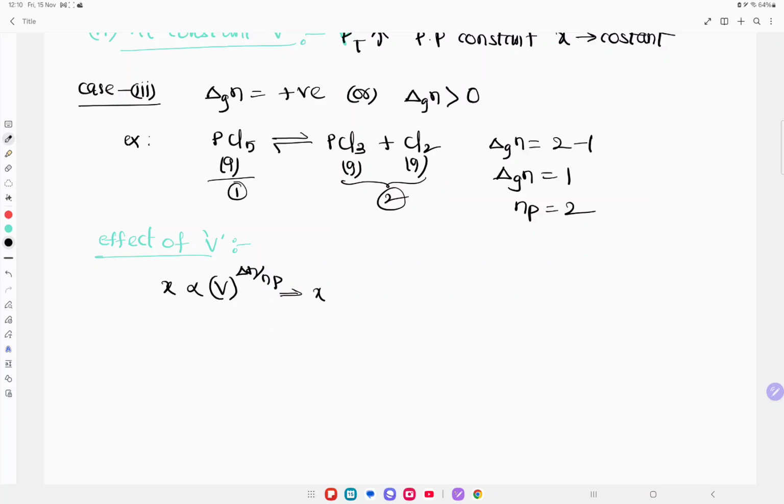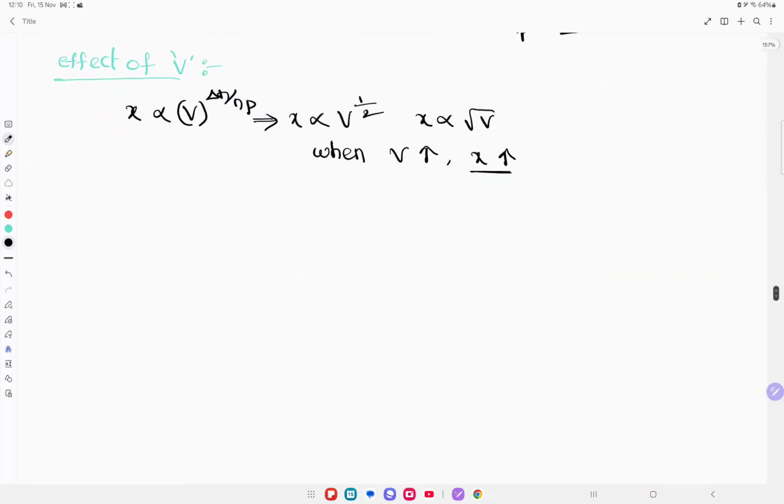So X is proportional to V power, delta n is equal to 1, by np, which is equal to 2. That means X is proportional to root V. That means when the volume of the reaction increases, the number of moles of reactant molecules dissociated also increases.